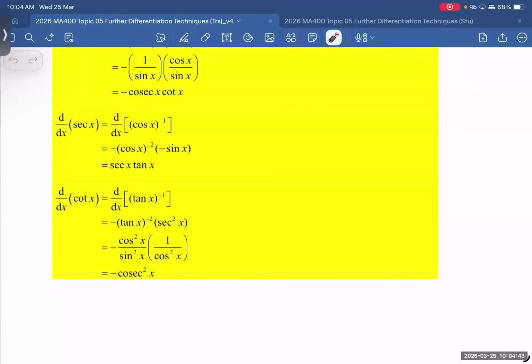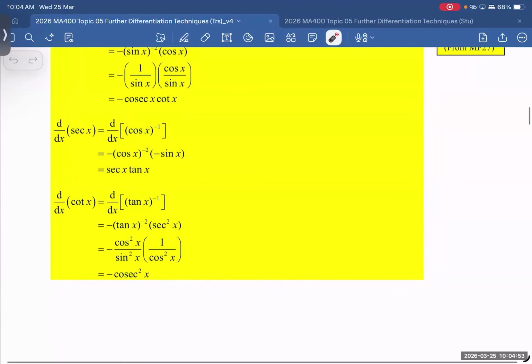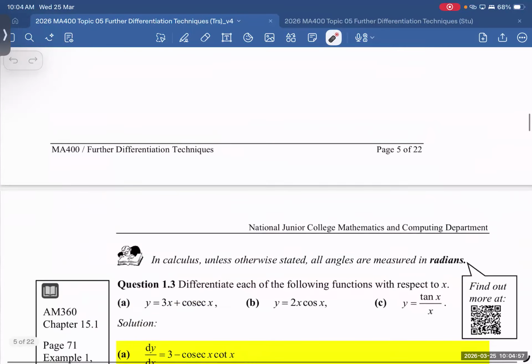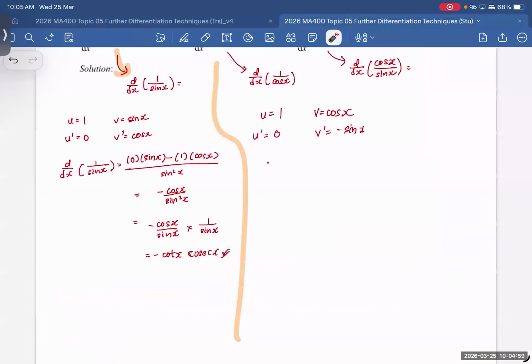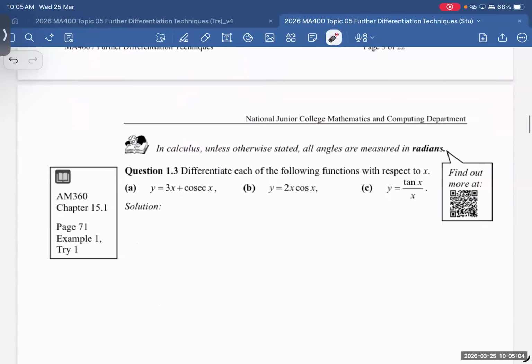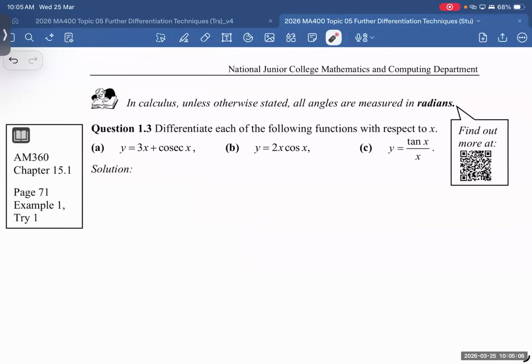Let me just explain that. 1.3b, the answer is negative 2x sine x plus 2 cos x. Okay, so next I will go on. 1.3. Are you all trying 1.3 already? Remember that trigo functions still follow your product rule, quotient rule, chain rule. I will talk about chain rule later.